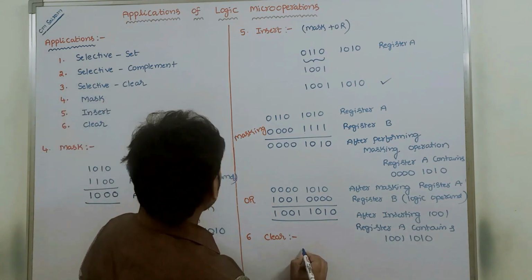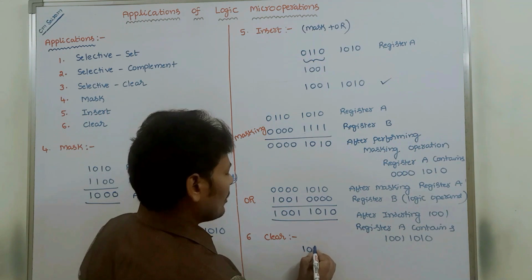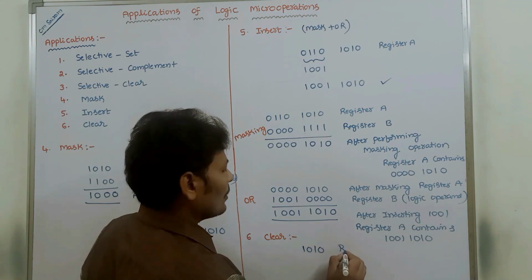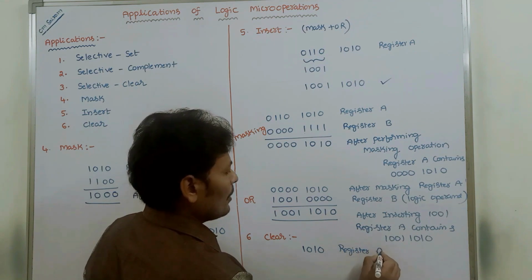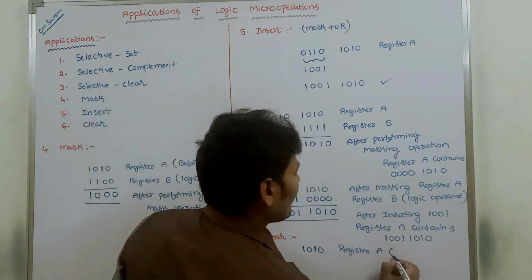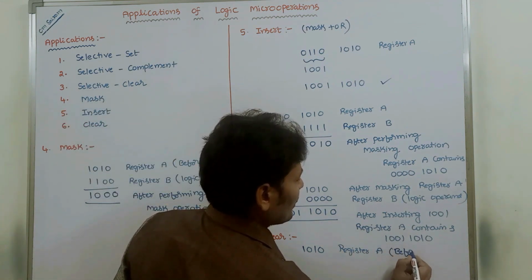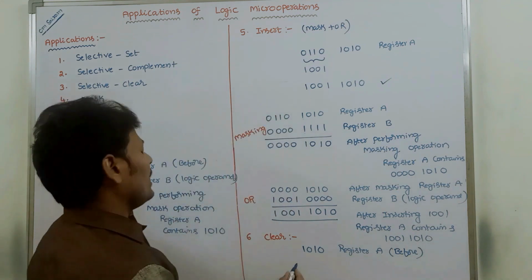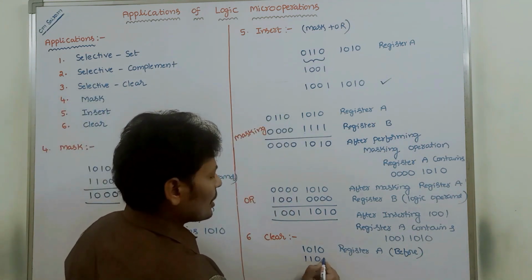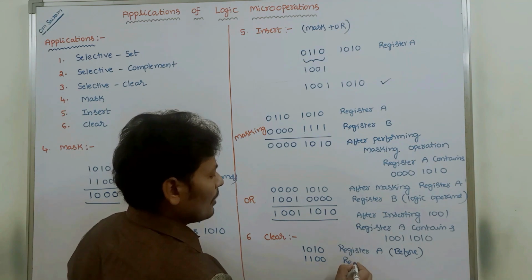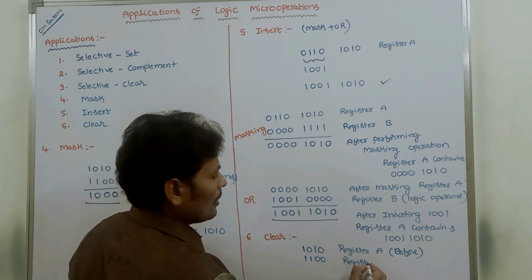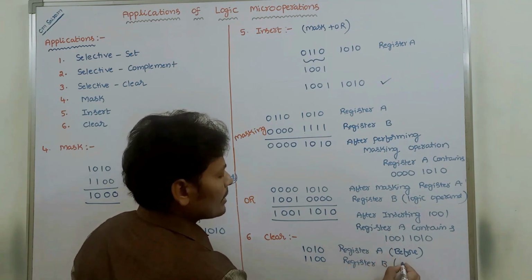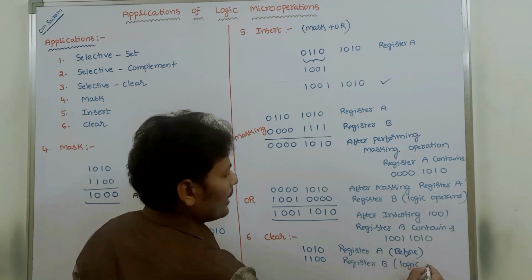Suppose register A contains 1010. Before performing clear operation, register B contains 1100. So this is logic operand.